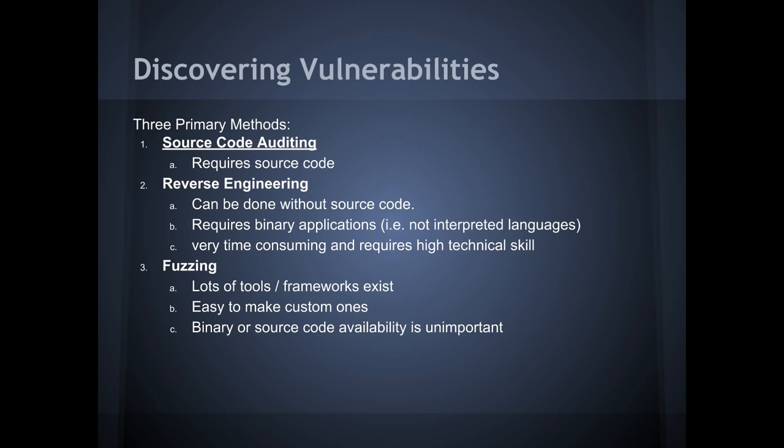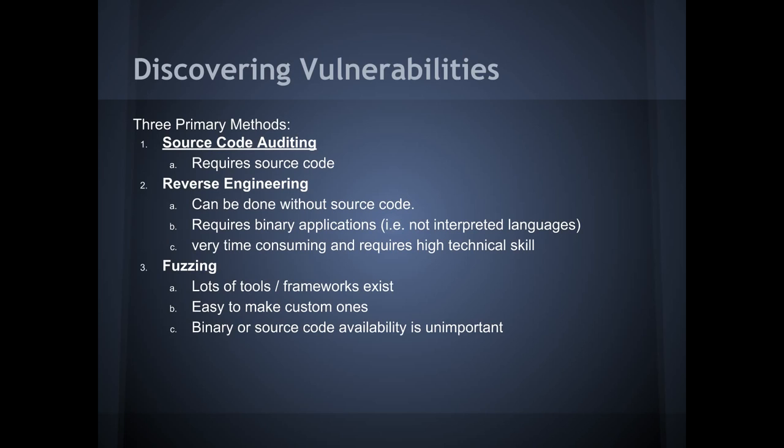Now, obviously, source code auditing requires having the source code. For certain languages, like Java, given a binary, you can actually completely decompile it. Now, there may be some obfuscation going on, but you still have the higher order representation of that binary, hence the source code. It's just that you have symbols stripped out.